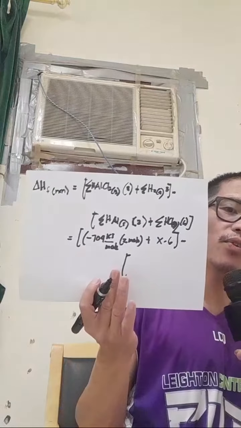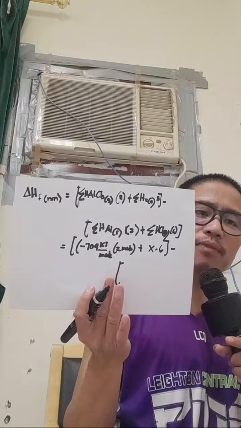Okay. So X times 6, because mathematics, or engineering calculation, is always like that. Let the value of x, minus the enthalpy change of the formation of the solid aluminum.